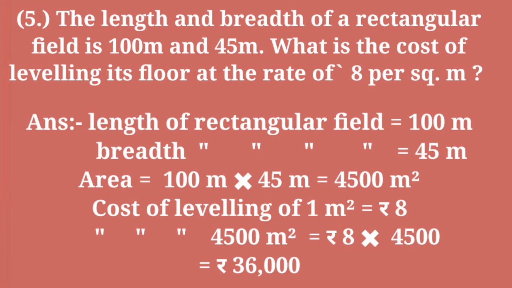So here area is equal to 100 meter multiplied by 45 meter, which gives us 4500 meter square area. Now cost of leveling of 1 meter square, which is given rupees 8. Now cost of 4500 meter square area is equal to 8 multiplied by 4500, which gives us rupees 36,000.